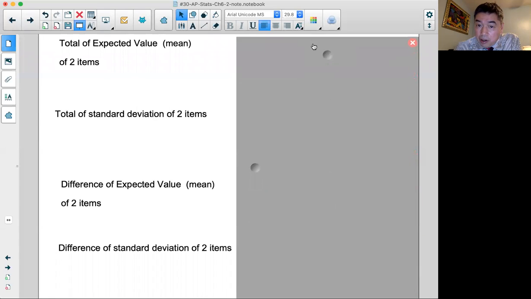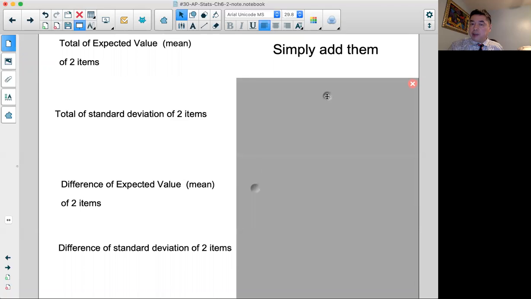So when I do the flashcard activity next time in the classroom, this is the way you have to answer. How do we do the total value of the mean? Simply add them. For the total standard deviation of two different items, you change to variances, add them, and take the square root.